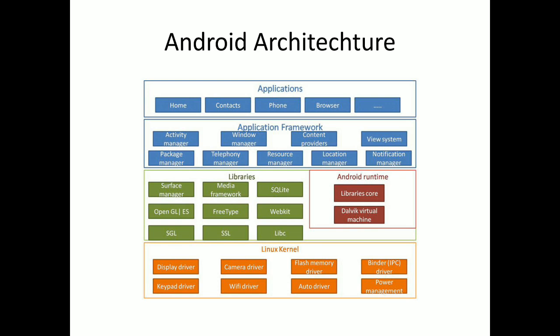Beneath that, you can see libraries: the surface manager, media framework, SQLite, which is called Structured Query Lite, OpenGL ES, FreeType, WebKit, SGL, SSL, libc, and the Android runtime, with core libraries and the Dalvik virtual machine, which is called DVM. At the core level you can see the Linux kernel: display driver, camera driver, flash memory driver, binder, keypad driver, Wi-Fi driver, audio driver, and power management. So this is the architecture of an Android system.